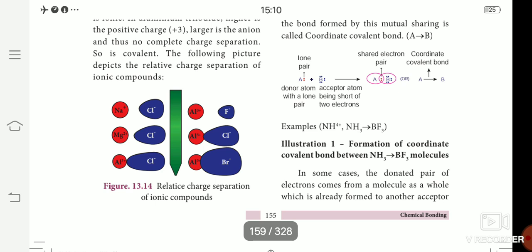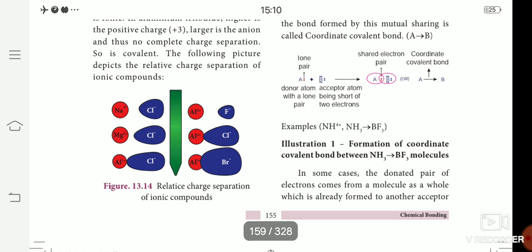Another homework: in your book page number 142, the periodic table. In the periodic table, from hydrogen to element 30, zinc, draw the atomic structure diagram.